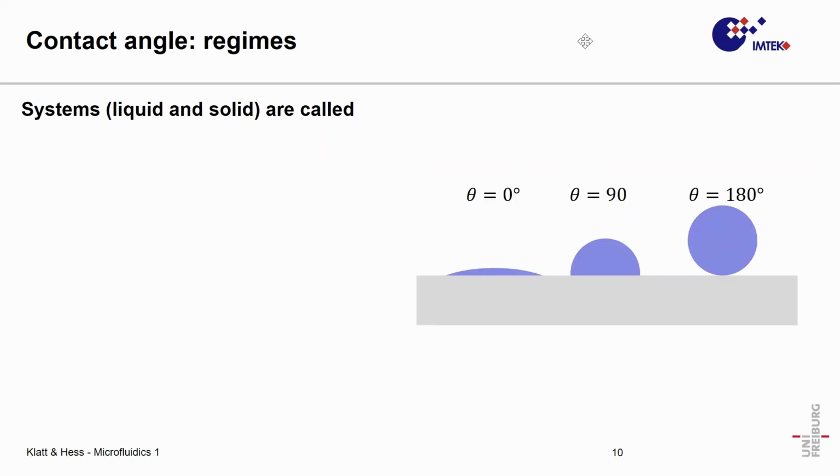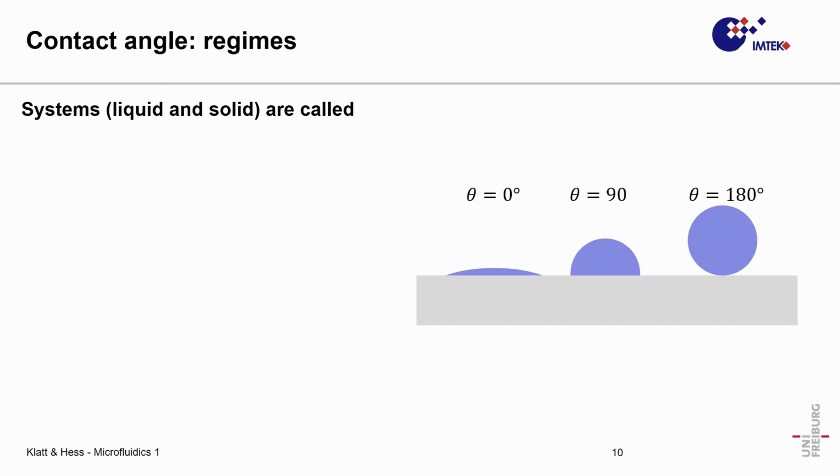But let's go back to the theoretical and perfect surfaces. In general, systems consisting of a liquid and solid interface can be distinguished into two different behaviors.